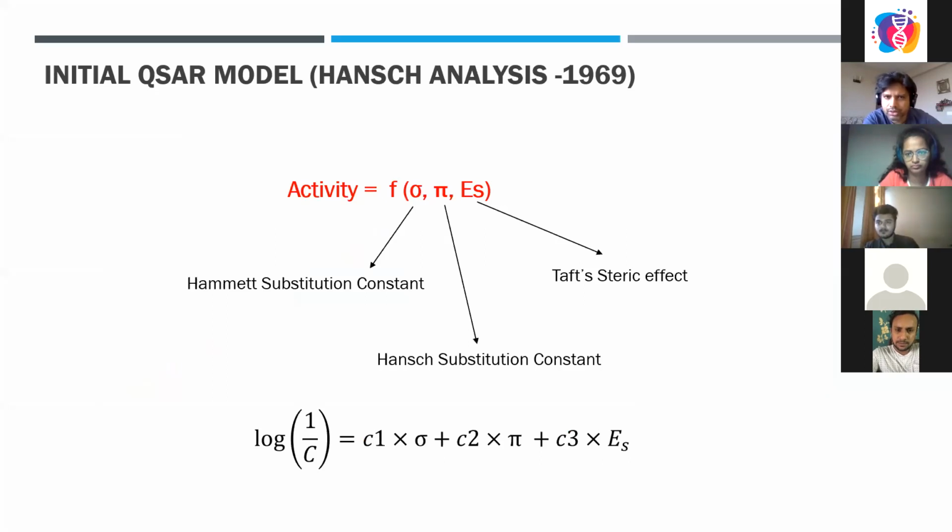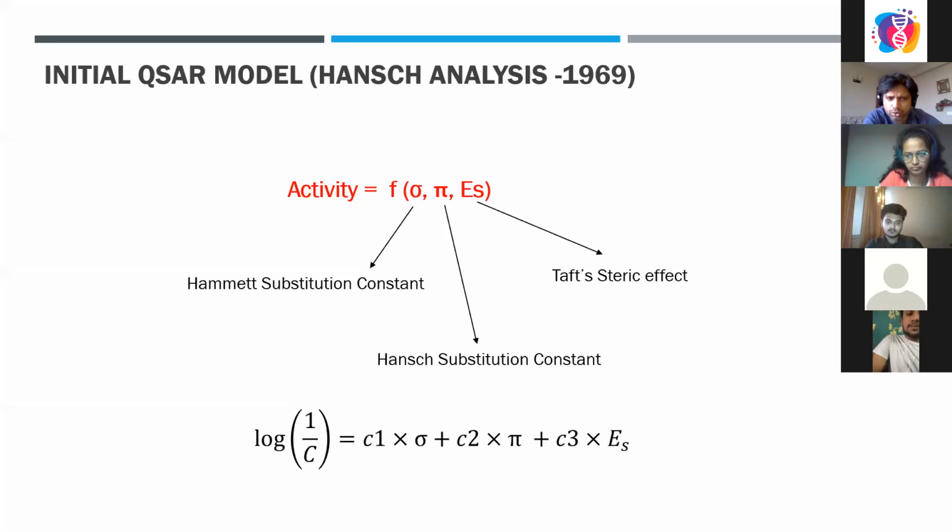At that time we were not using computational methods in such a rigorous manner to build a model like we do these days. But at that time, what he found was that the activity of a compound is related to these three different features.